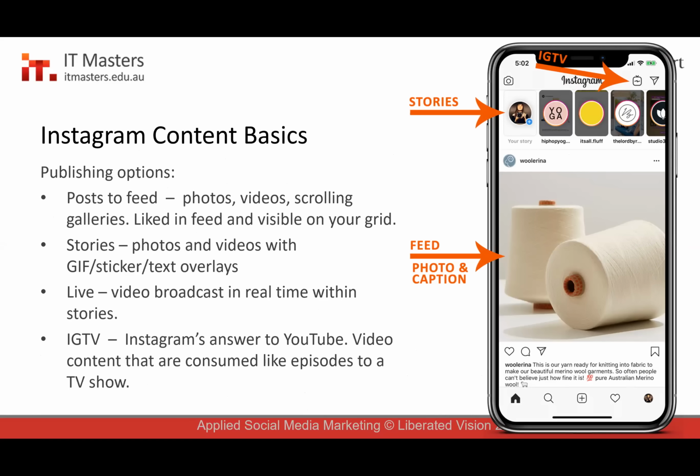You've got your stories, which were added to Instagram when Snapchat was around, but Snapchat wasn't happy to sell to Instagram, so Instagram said, let's make our own. And so now there's a 24-hour expiring stories function within Instagram. There's also an IGTV, which is the YouTube version of Instagram.